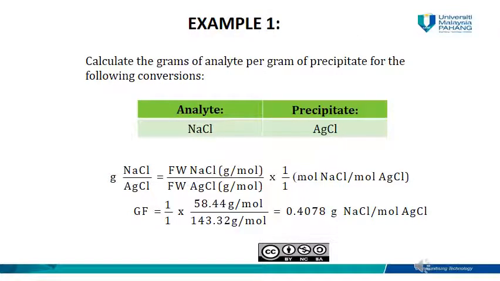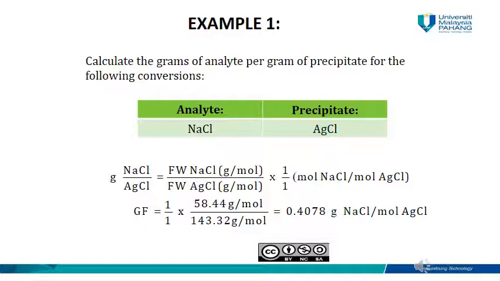For this part, this is an example for you to calculate your analyte from the precipitate that forms. In this example, your analyte is sodium chloride and your precipitate is silver chloride.